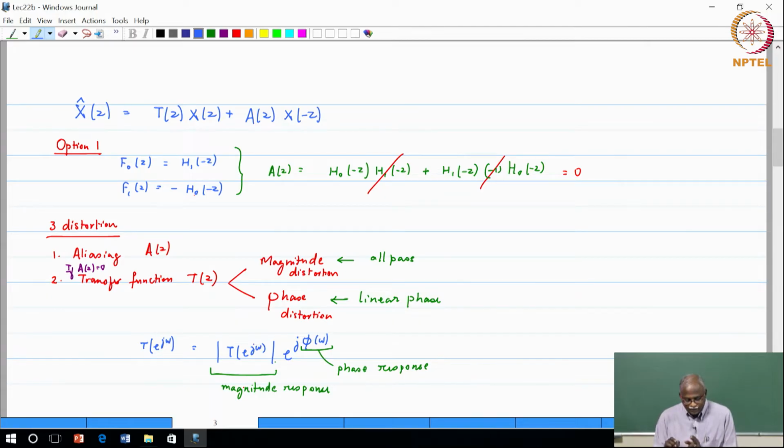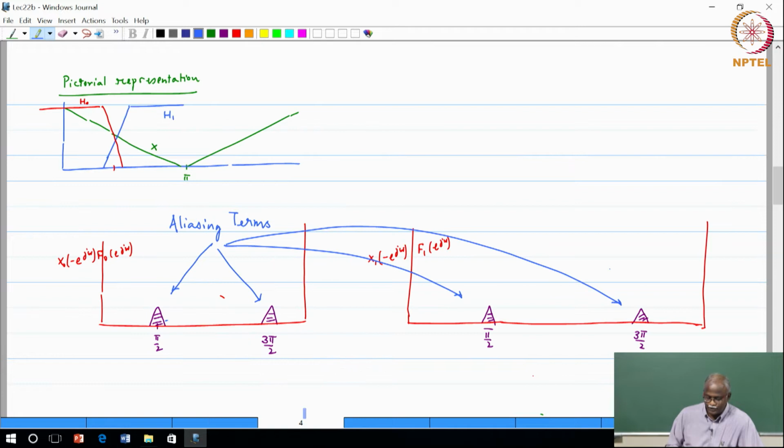Now if we have succeeded in setting A of Z equal to 0, then we can now start focusing on the transfer function T of Z and say that like any other transfer function, it has got a magnitude response, it has got a phase response, and the magnitude distortion, if you want to eliminate it, the magnitude response must be a constant, which basically says it must be an all pass filter. Phase distortion says that this transfer function must have linear phase, and therefore in that condition we would be able to eliminate the phase distortion as well.